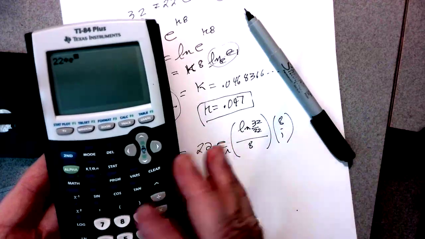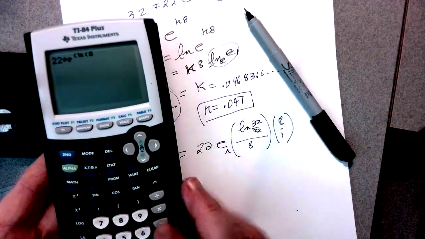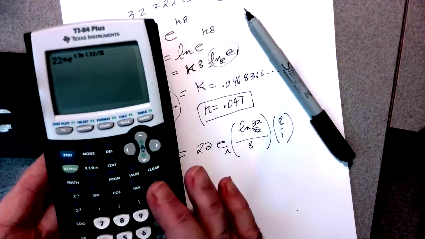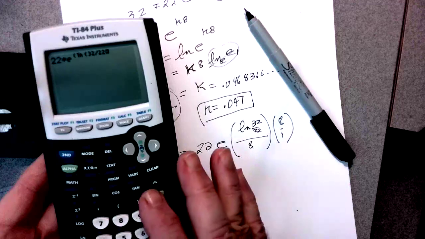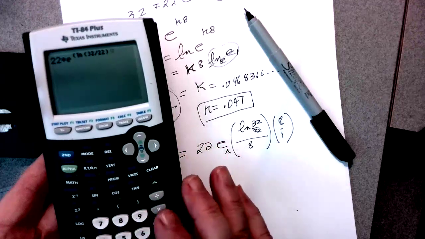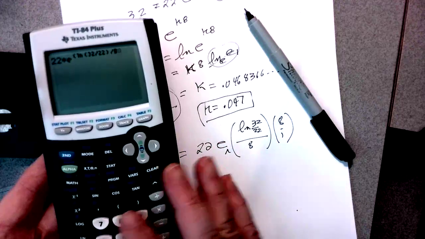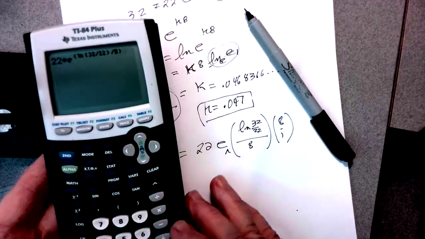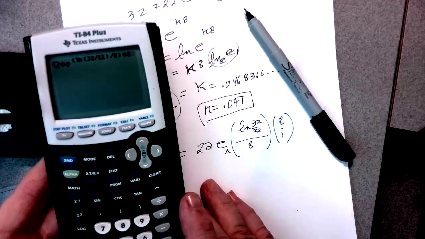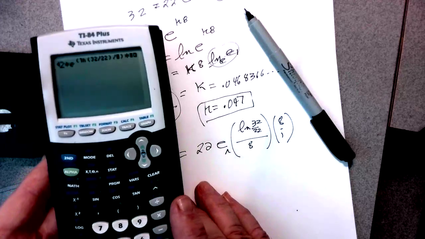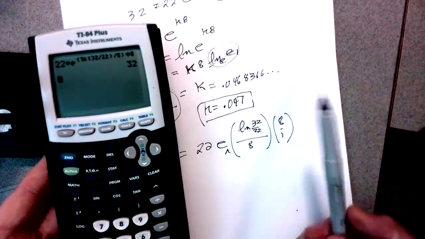Let's put in parentheses, ln of 32 divided by 22, close those parentheses, divided by 8, close those parentheses, times 8. So that was kind of complicated, wasn't it? I had to go through a few steps just to get this whole thing in. But let's hit enter and we get 32. Yay, so all that worked.